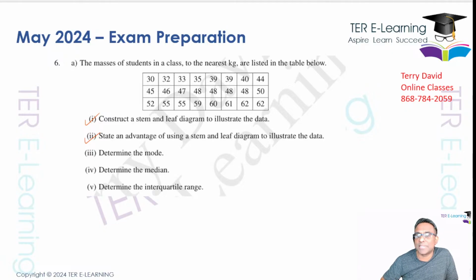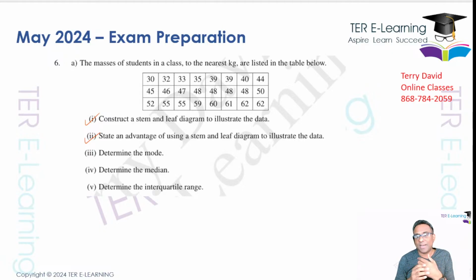I've seen people saying it maintains the original data. That's true. When it comes to a stem and leaf diagram, you maintain the original data, so all the data can be seen. That can also allow us to see how the data is skewed.